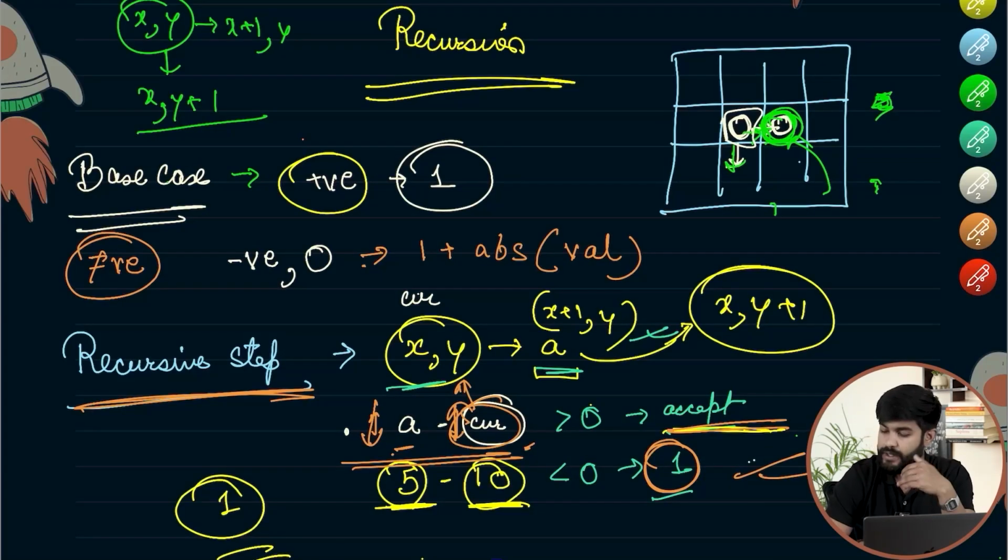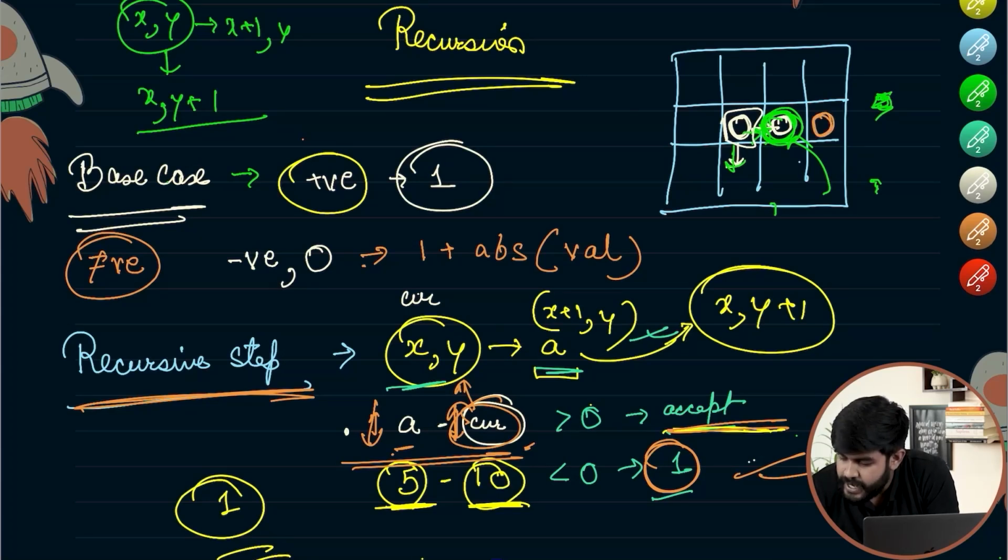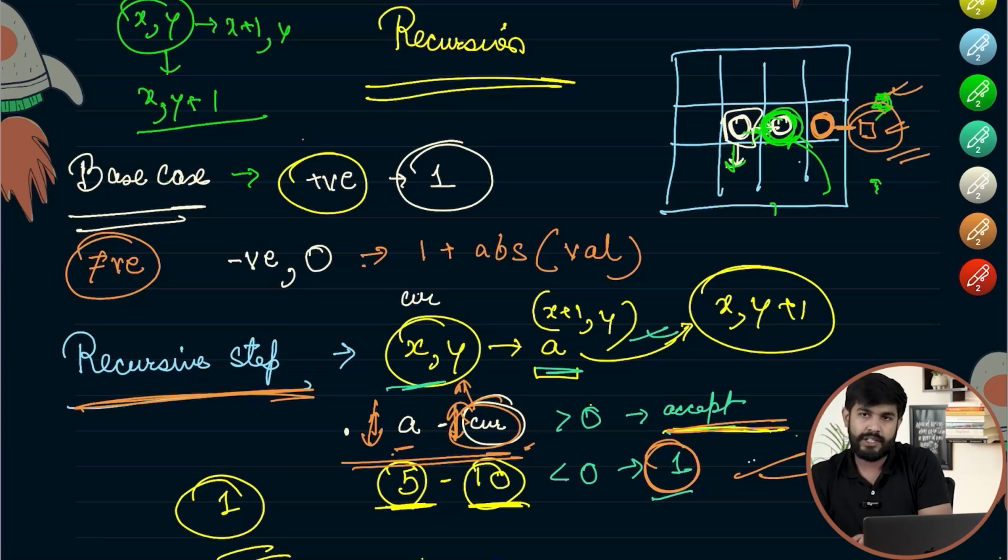What is that? This is because, let's say I am standing at this index, I forgot to tell you this. I'm standing at this index and I am trying to go on this side, which does not exist. So if anyhow I move an index which is outside, I would return a very big value which won't contribute to this minimum.